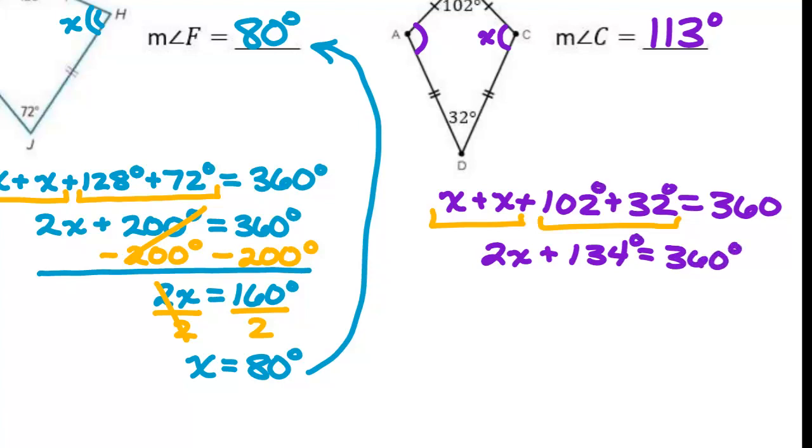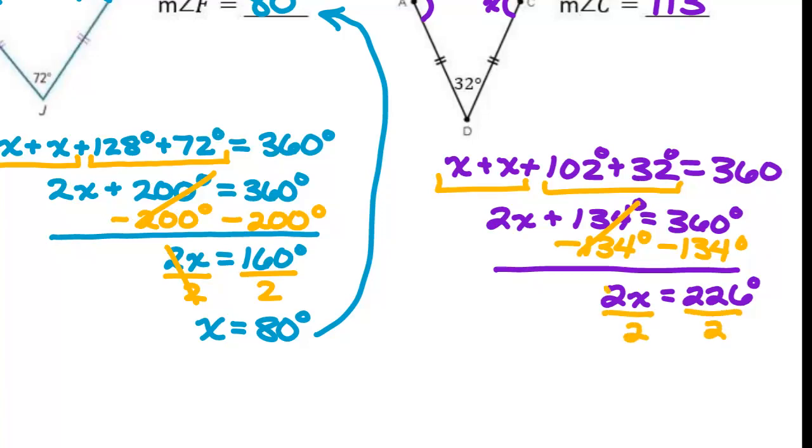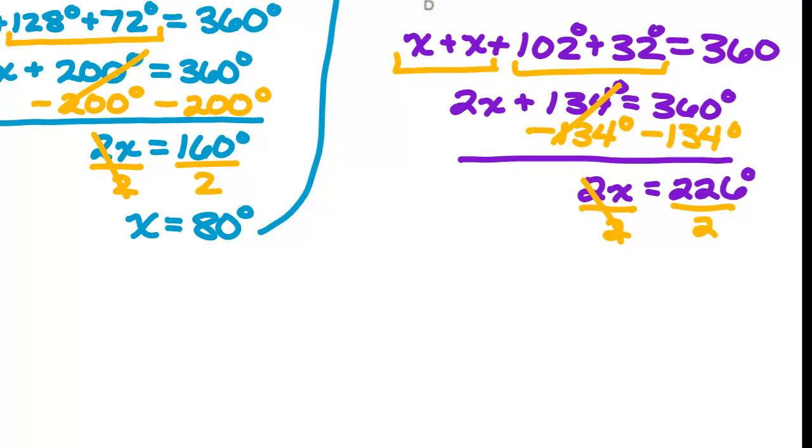And then I subtract 134 degrees from both sides. So I get 2x is equal to 226 degrees. And then I divide both sides by 2, and that's how I get 113 degrees.